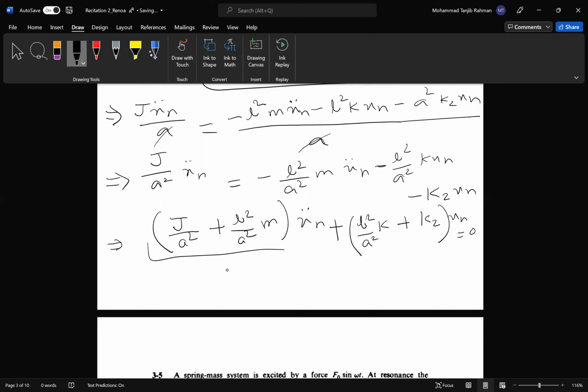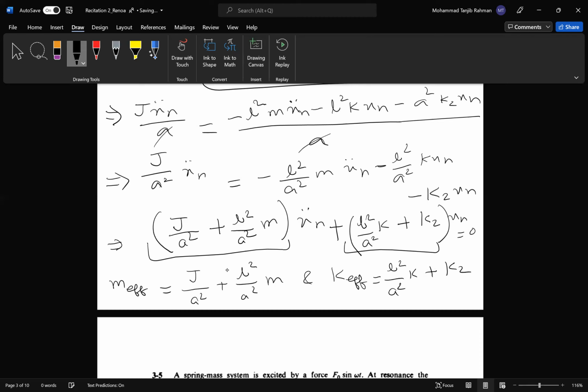Now this is going to be our effective mass, and this is our effective stiffness. So let's just say M effective is equal to J by A square plus B square by A square multiplied by M, and K effective is basically B square by A square K plus K2.